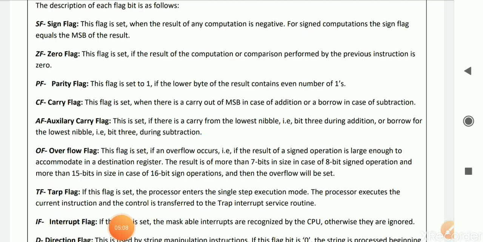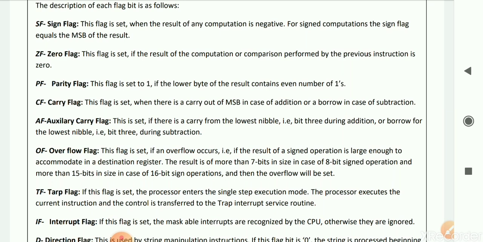Next is the trap flag. We already know that trap is a non-maskable interrupt in the 8085 microprocessor, which is also available with the 8086 microprocessor. As it is non-maskable, you cannot ignore this interrupt.